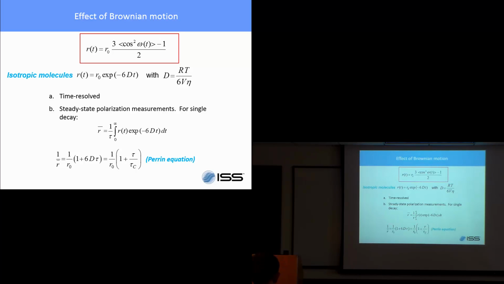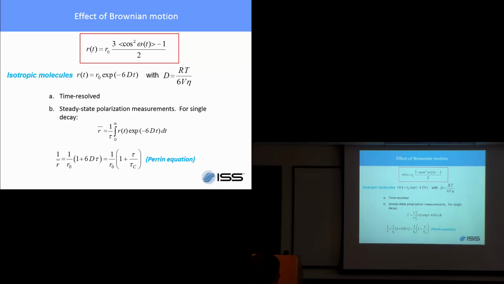And by the way, this is a digression. We can calculate the steady-state polarization by calculating the average anisotropy over the entire time scale. And we find an equation that was found by Perrin the first time that is kind of elegant because it relates the actual anisotropy with R0, the limiting anisotropy, the 0.4, with the lifetime.